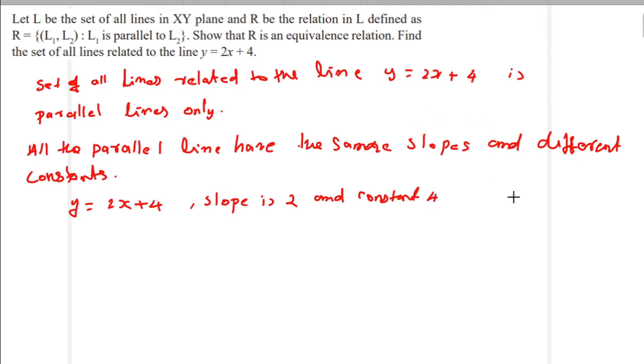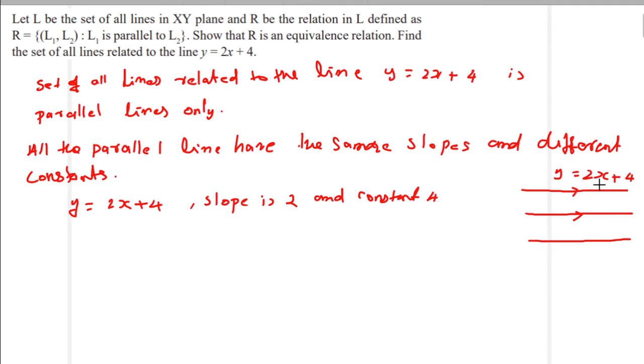Suppose this is our line y equal to 2x plus 4. Then a line parallel to this line, you can draw one more line, also parallel to y equal to 2x plus 4.